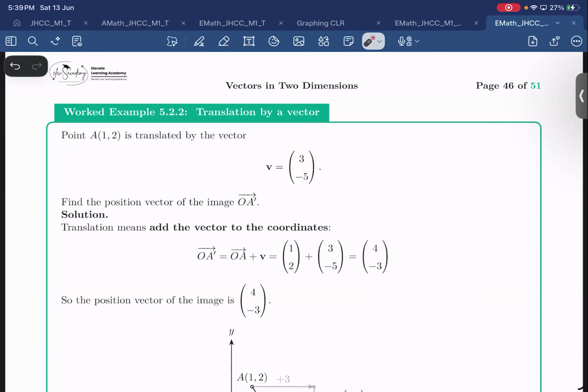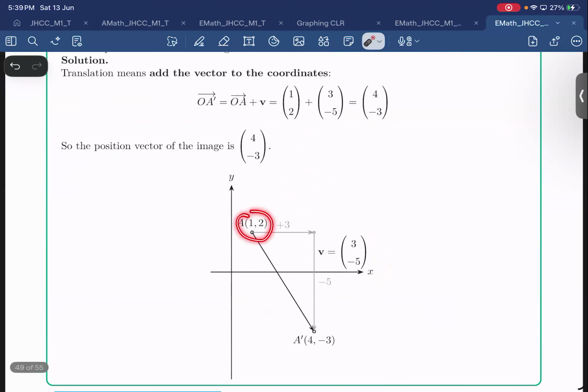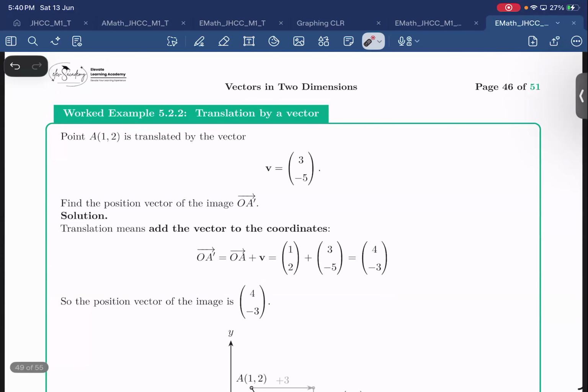So that means (1, 2) moves 3 units in the x direction. And then -5 means it moves 5 units in the y direction, but you're going down because it's negative. So how to calculate it? Simply you take (1, 2) plus this vector. So it'll be (4, -3).